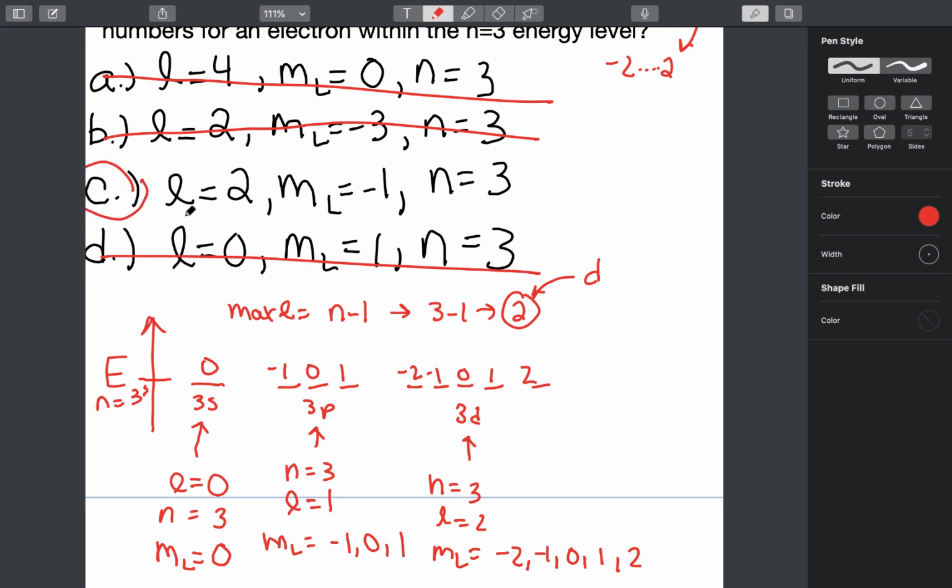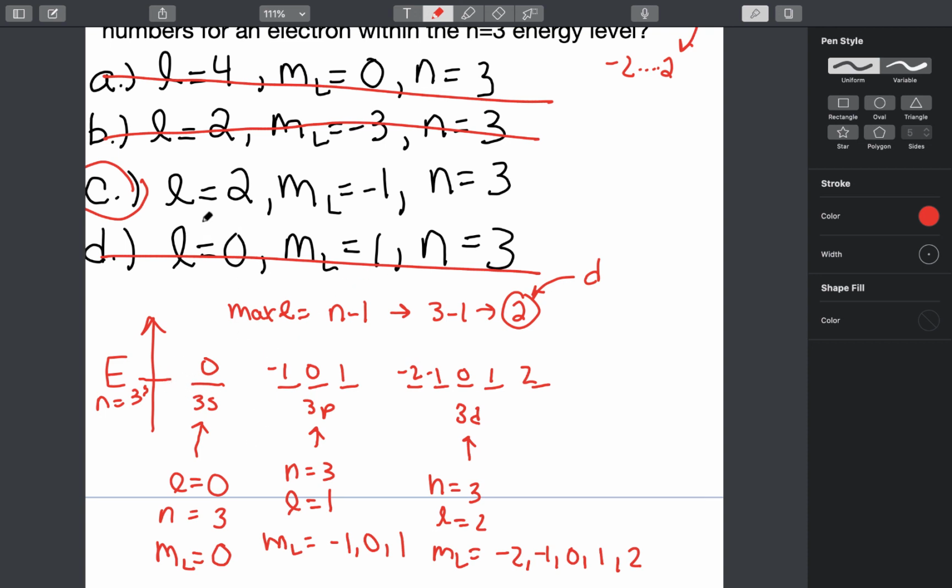And if we check to see that these numbers correspond to a correct set of quantum numbers, we can actually see that we are correct. So first of all, this answer is correct because it says we are in the n equals 3 energy level, which is correct.